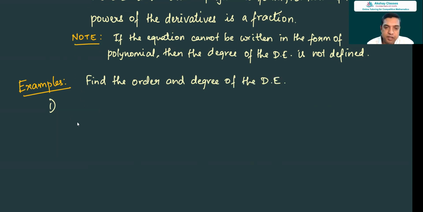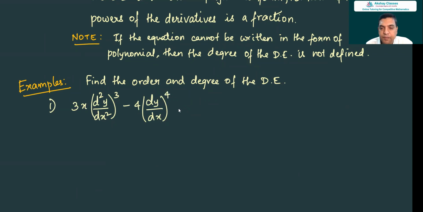First one: 3x (d square y by dx square) raised to the power 3 minus 4 (dy by dx) whole raised to power 4 plus 2x square is equal to sin x.